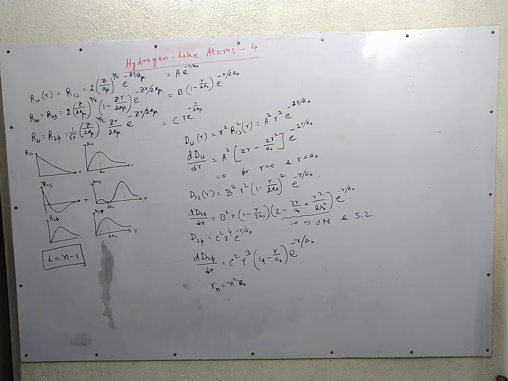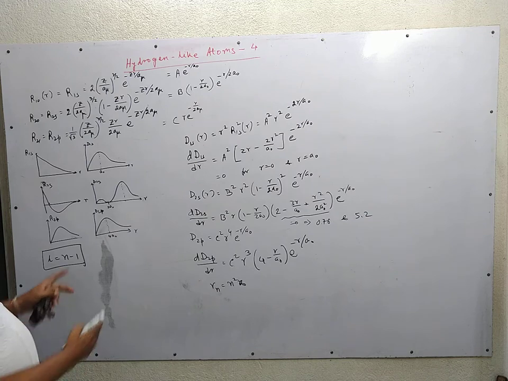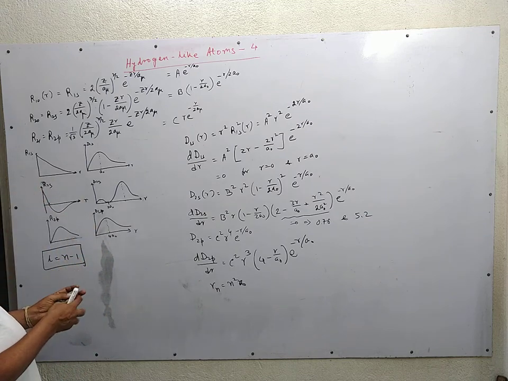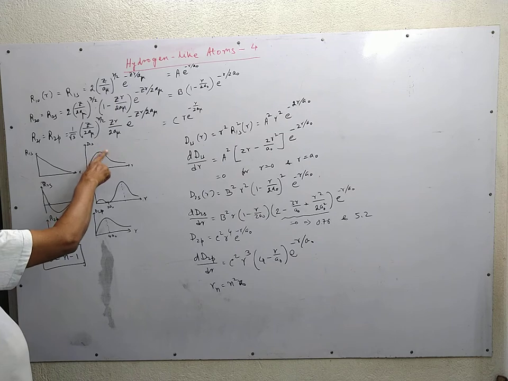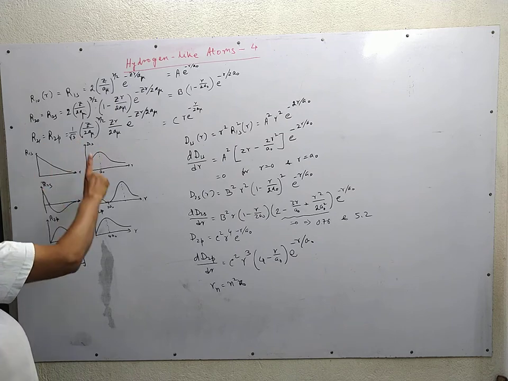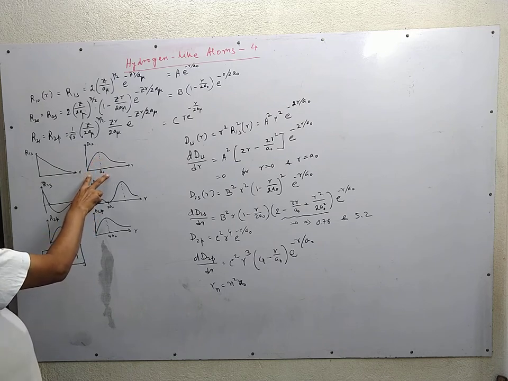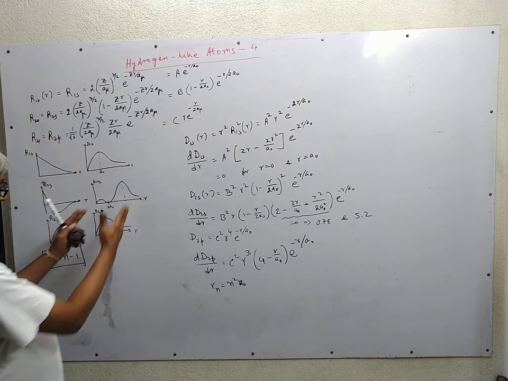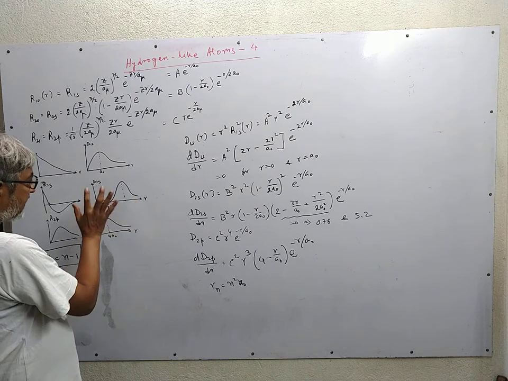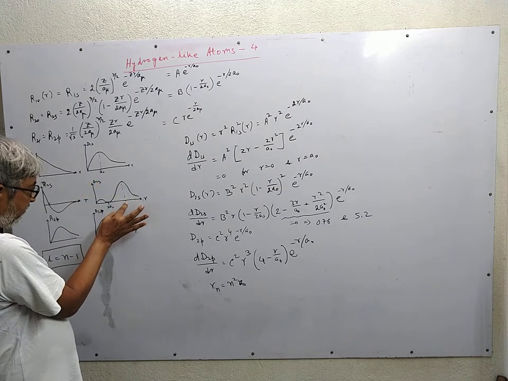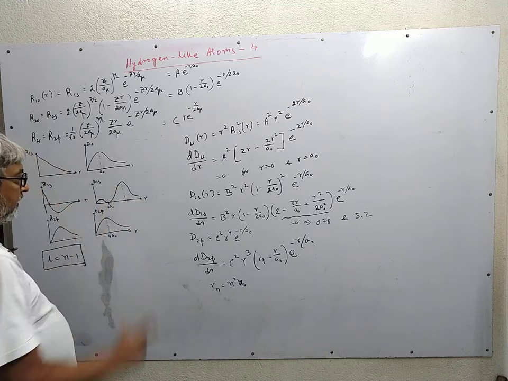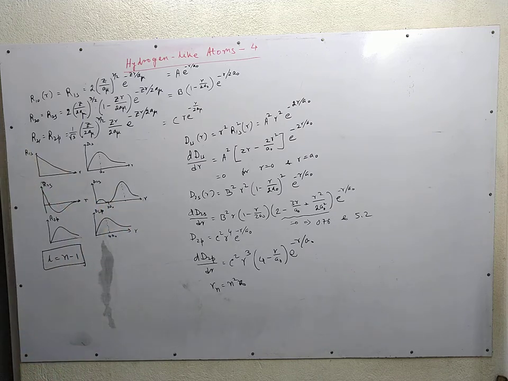This actually defines the stable orbits. That is, if we allow the electron the minimum possible energy, it is most likely that the electron will be found in an orbit having r equal to a0. Similarly here, it is most likely that the electron in the 2s state will be found at this distance, which is the concept of orbits.